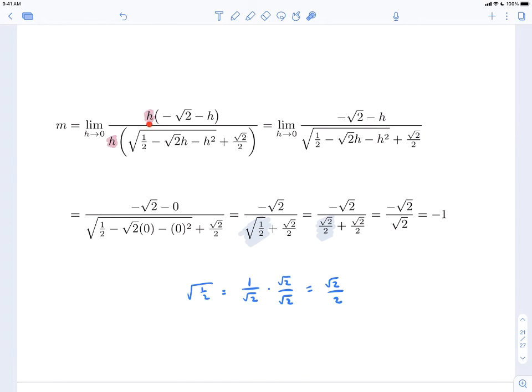This h was giving us 0 in the numerator. This h was giving us 0 in the denominator. But then we factored them out, and they canceled with each other, and now we got rid of that 0 over 0. So at that point, you could just start plugging in h equals 0, everything simplifies, and you just end up with the slope of your tangent line being minus 1.